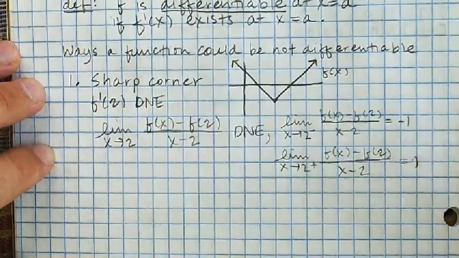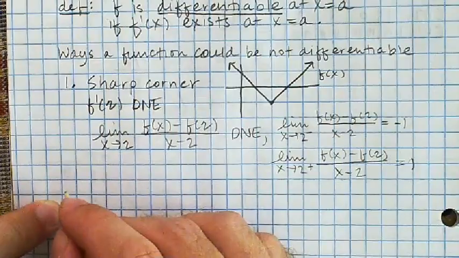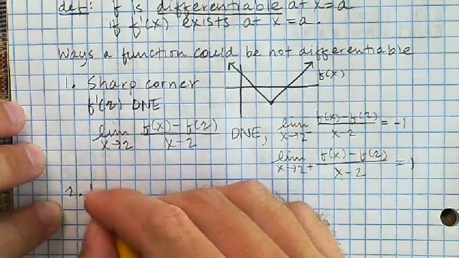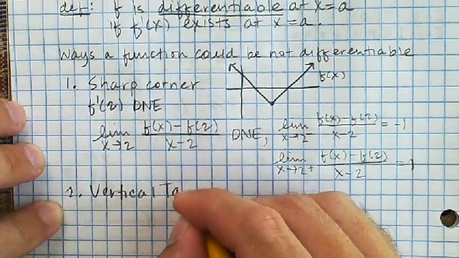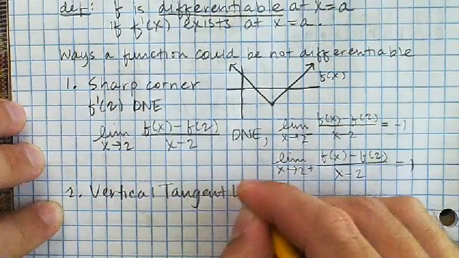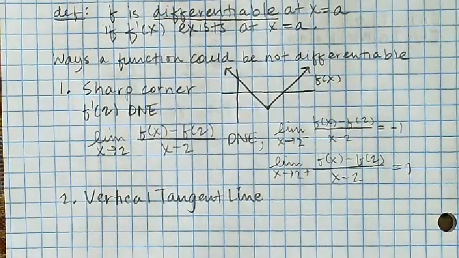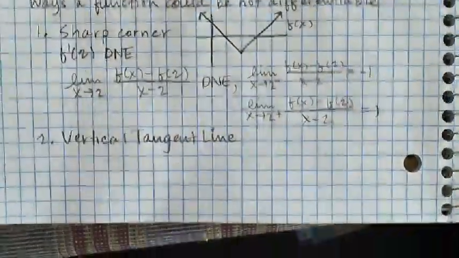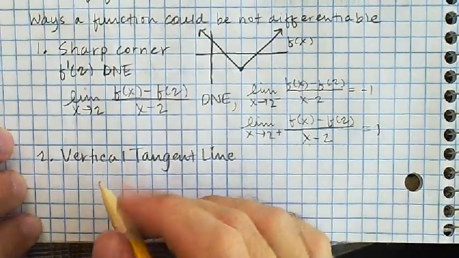A second thing that can happen is a vertical tangent line. The derivative is the slope of the tangent line, and if a line is vertical, then it doesn't really have a well-defined slope, something you saw in Algebra 1.